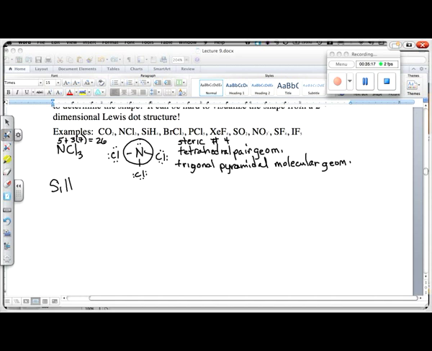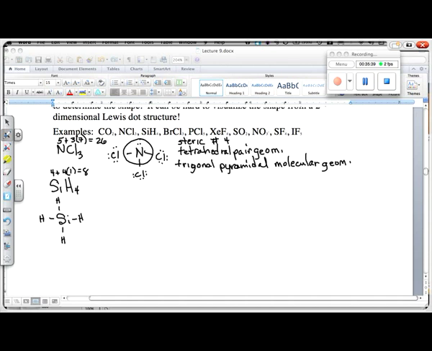All right, SiH4. Anytime you want to stop the video and try this on your own. 4 for silicon, 4 times 1 for hydrogen, so 8 altogether. Silicon in the middle, connecting with dashes. Hydrogens are fine.